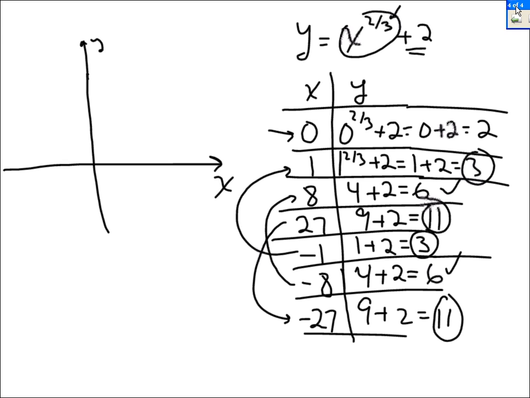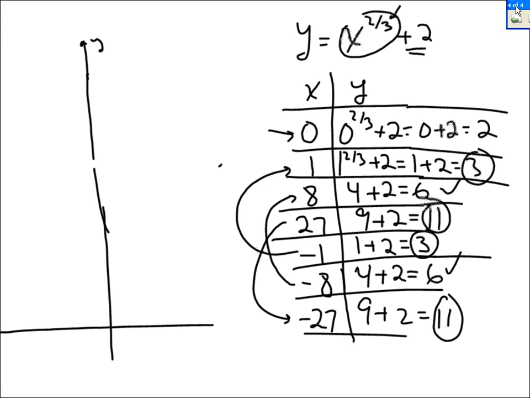So let's plot some of these. Well, x goes all the way up to 27. Y goes up to 11. In fact, y is never negative, which will cause me to write the x-axis fairly low. 5, 10, 15, 20, 25.